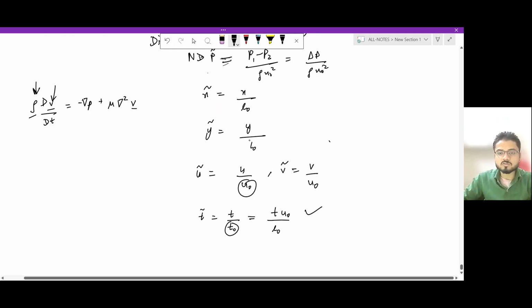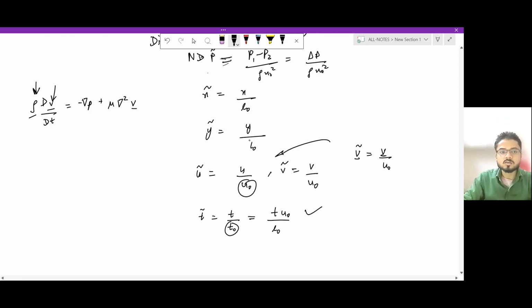We already have the non-dimensional form of the velocity, because v vector tilde would simply be equal to v over u naught in the vector form. And t we already have. Now, how to handle this grad and the Laplacian operator?